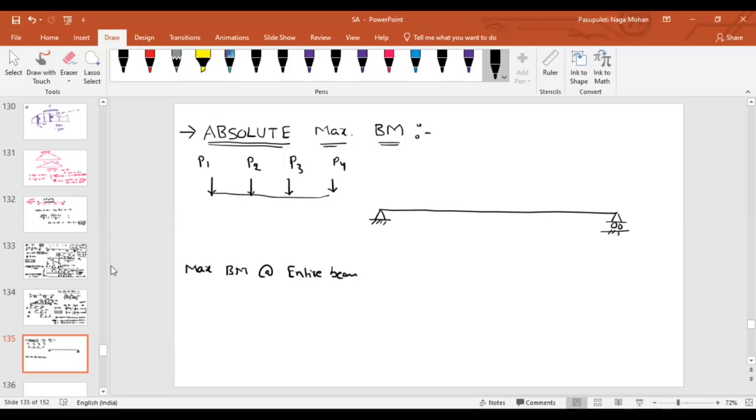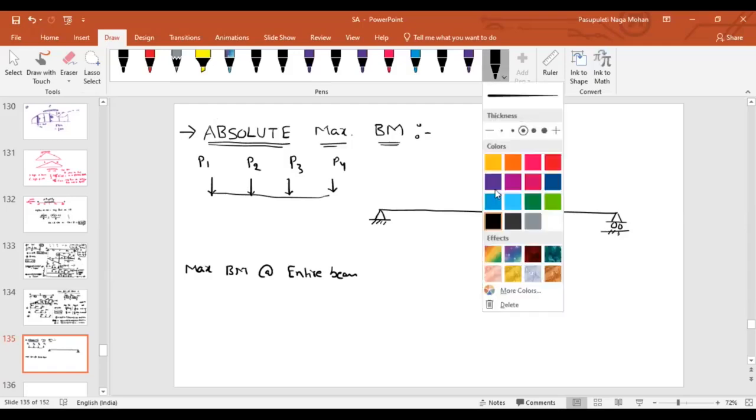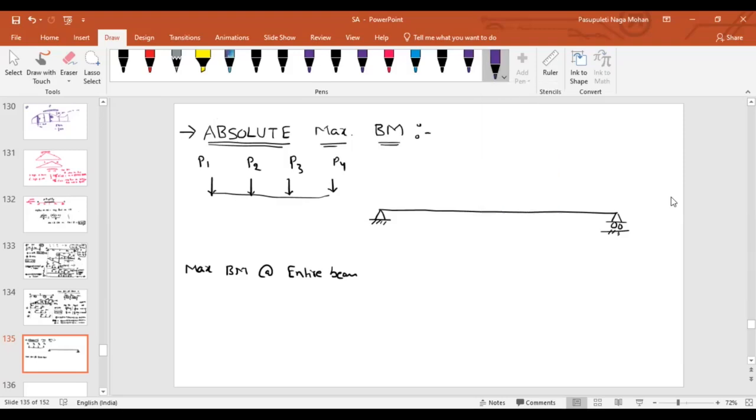If I take every point of bending moment, what is the maximum value that I am getting? For that, the condition is: first we have to find the resultant of these forces. Let us assume that the resultant of these 4 loads is somewhere here.